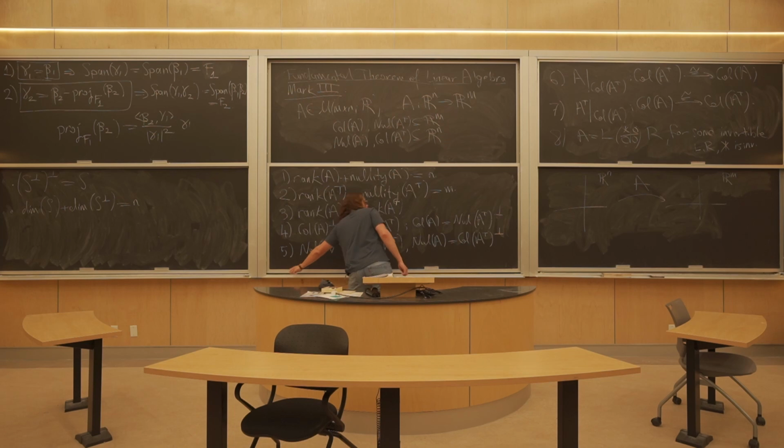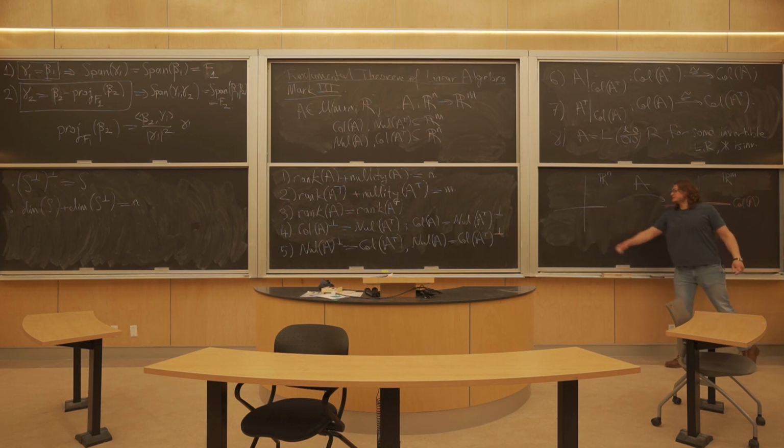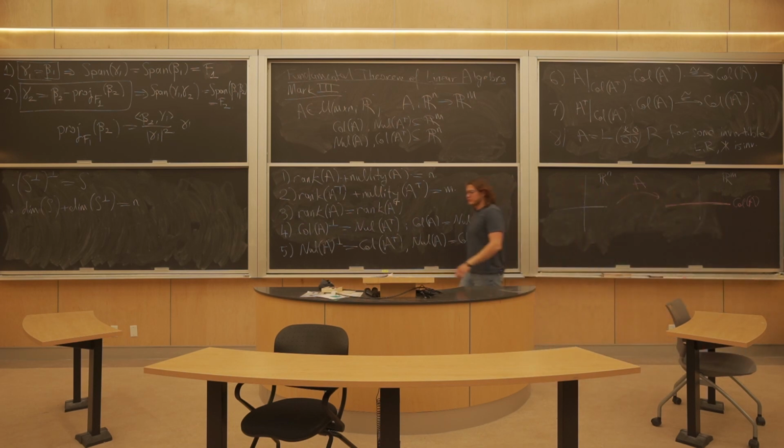Let's say that this right here, the x-axis, really is a caricature for the column space of A. So any vector that you start with, if you apply A, ends up in the red line, okay? And of course, I can go backwards. Maybe I should use red for A. And let's use blue for A transpose.